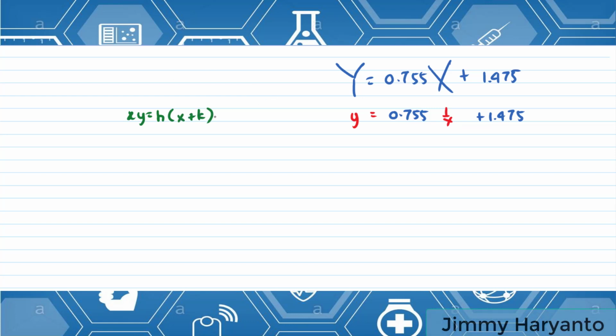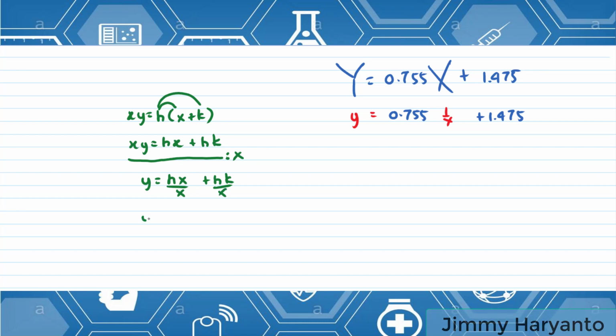Okay, for this question, it's easier if we compare it from the question. So I will multiply this h into the bracket, hx plus hk, and then I will divide them all by x. So I will get y equals hx over x plus hk over x.